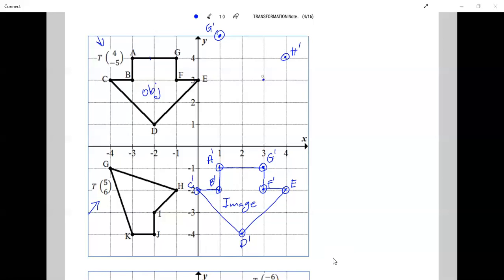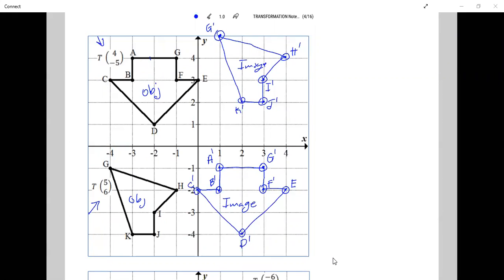This is I prime, this would be J prime, K prime. All I simply have to do afterwards is connect all of my points using my ruler. This would be my object, and this would be the image.